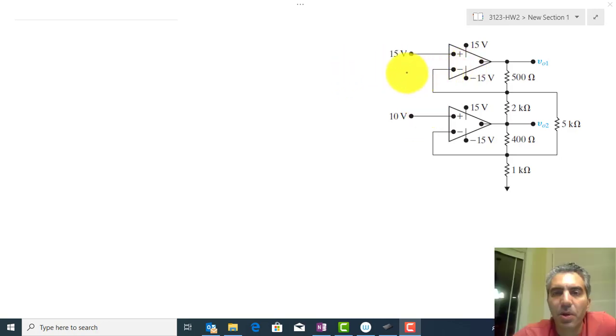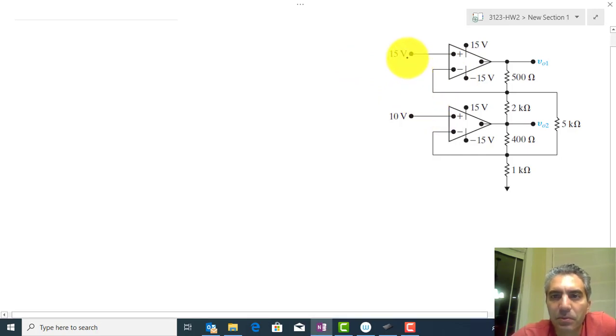Okay, we're going to start the process by labeling the circuit. We're going to start by identifying the nodes first. These are the nodes.